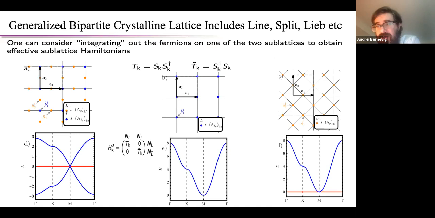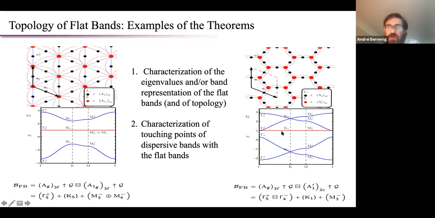As I said, this theorem by Mielke basically says that the line graph of a bipartite lattice has to have a flat band, which we can understand from the S matrix, but also has to have degeneracy points with the dispersive bands.